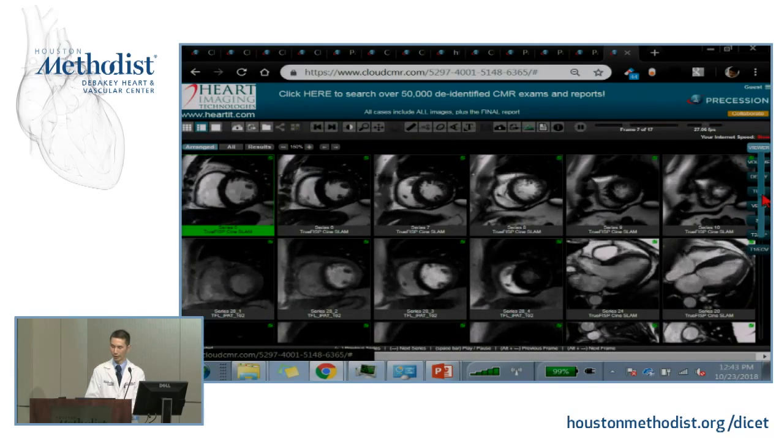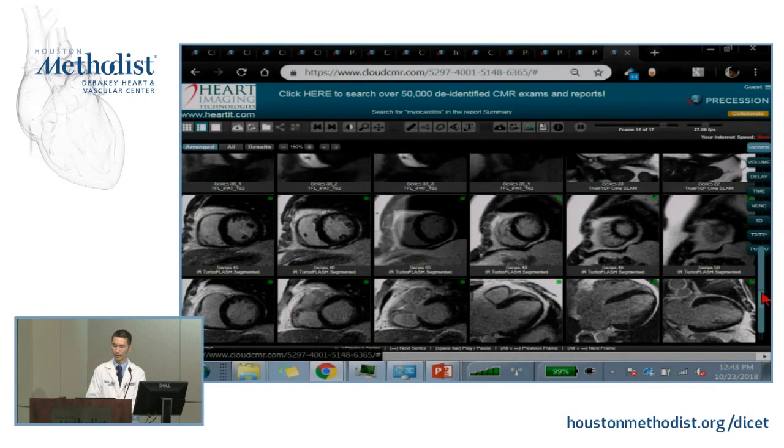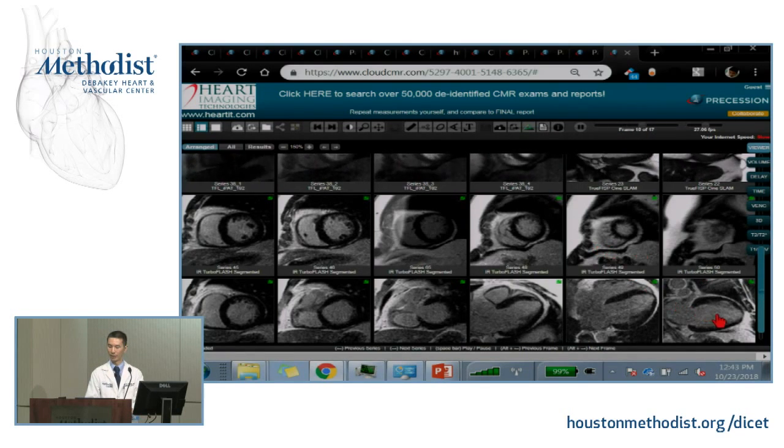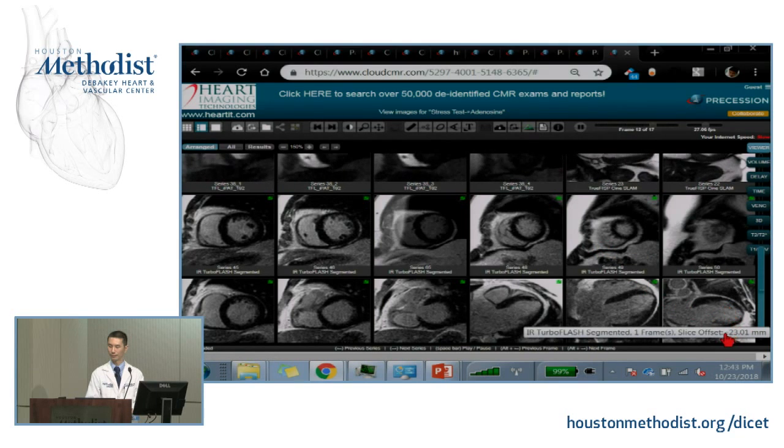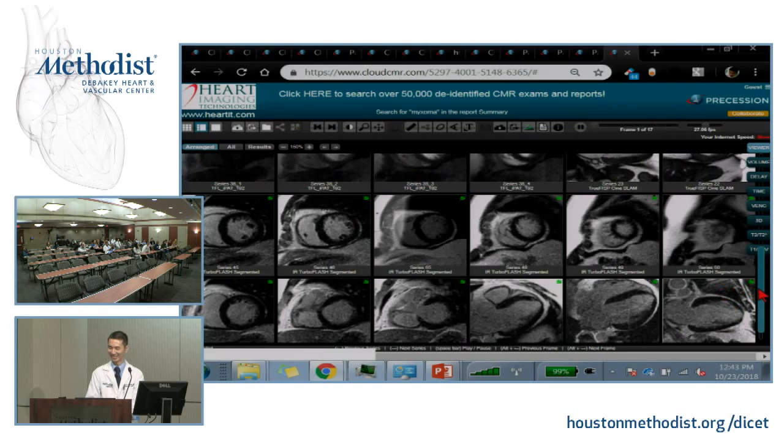I think your eyes are already gravitating to stress, but let's go by our algorithm. And delayed enhancement, what do you guys see? You're saying maybe something here? Maybe. Okay.